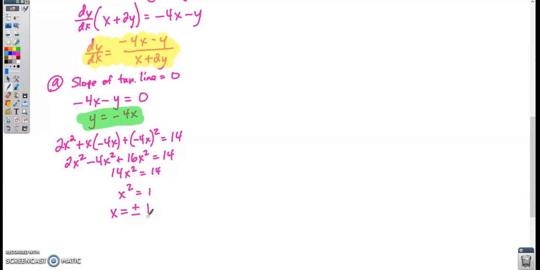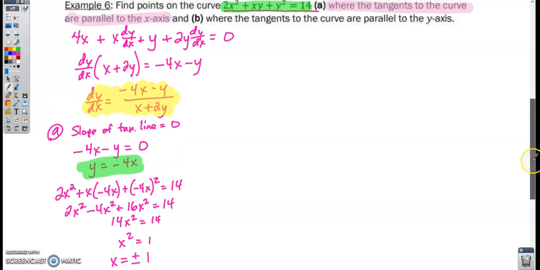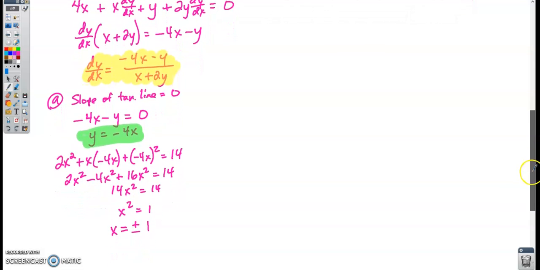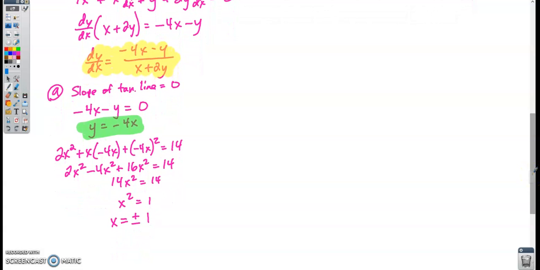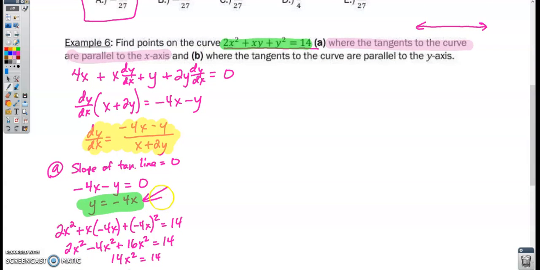I'm almost done with part A now. In part A, I want to find the points on the curve where the tangents to the curve are parallel to the x-axis. I've got the x-coordinates of those points. The x-coordinate of one of those points is 1. The x-coordinate of the other point is negative 1. In order to get the coordinates of the points, I need to substitute these x-coordinates back into one of the original equations from the system, either that one or that one.